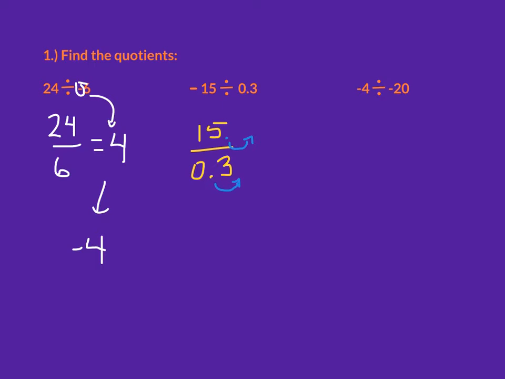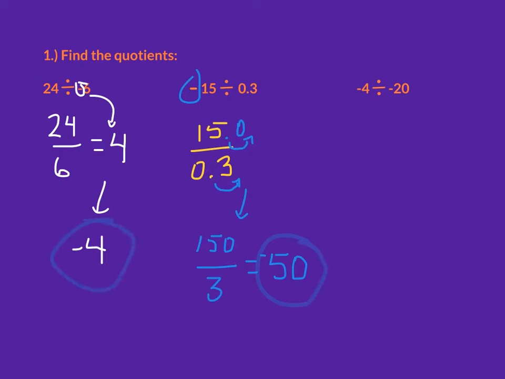I moved over 1, there's nothing there, so I need a 0 as a placeholder. So that now means that I have 150 divided by 3. I know 3 goes into 15 5 times and into 0 0 times, so it's 50. I've got one negative sign, so that's an odd number, so therefore my answer is negative.